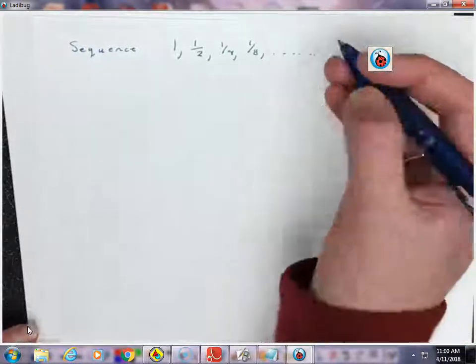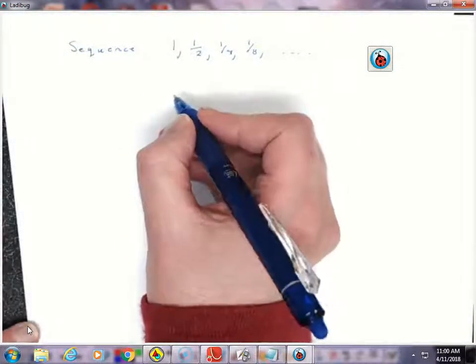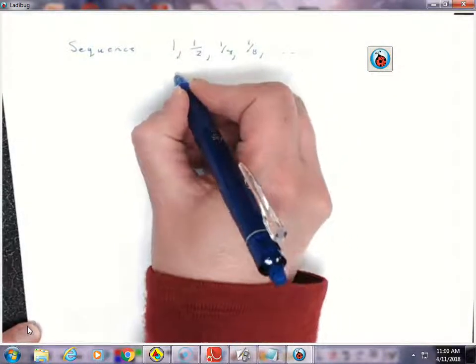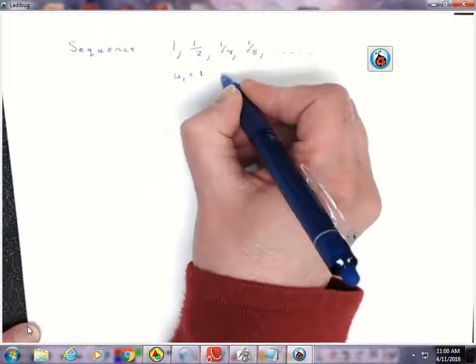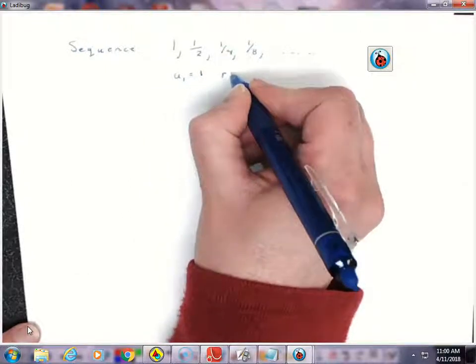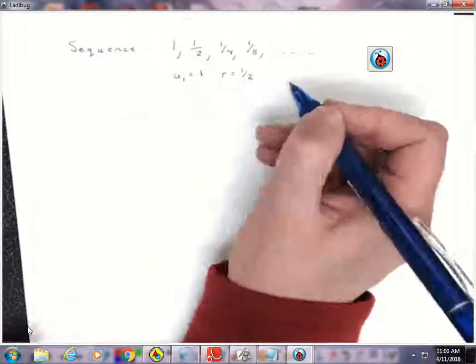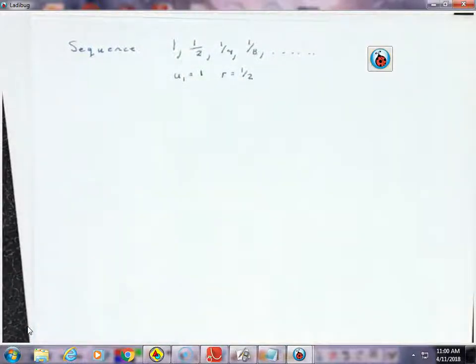We can recognize this easily as a geometric sequence, with the first term equal to 1 and the common ratio being 1/2. We have our formula sheet for geometric series, and this isn't even a calculus topic.